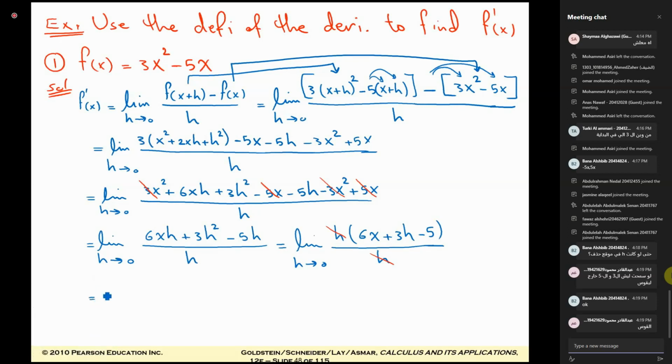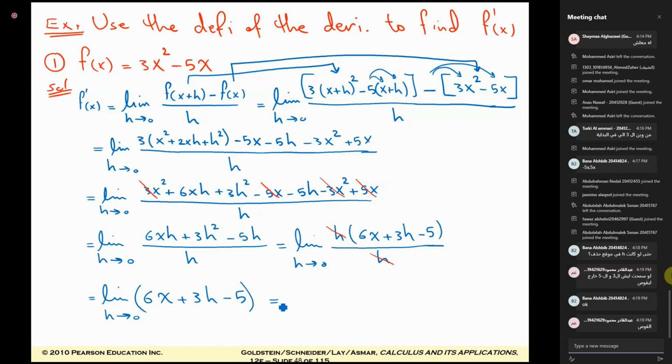This equals limit h goes to 0, 6x plus 3h minus 5. After removing the h in denominators, we can substitute h equals 0. Before that, I cannot substitute h equals 0 because we have h in denominators and this is a big problem.